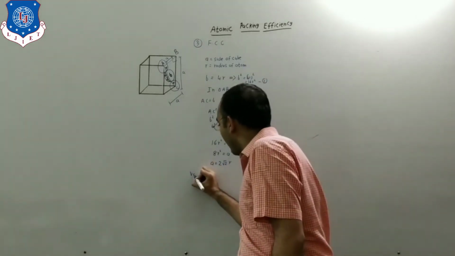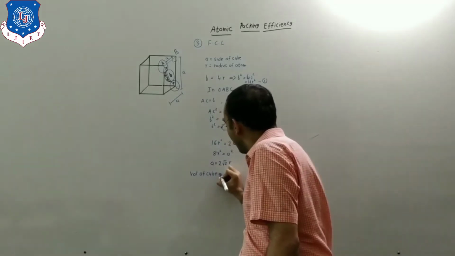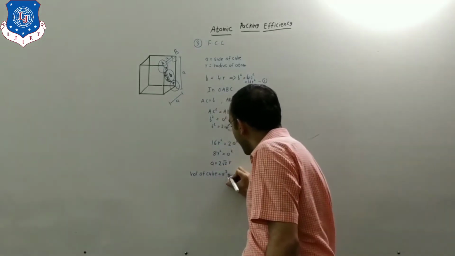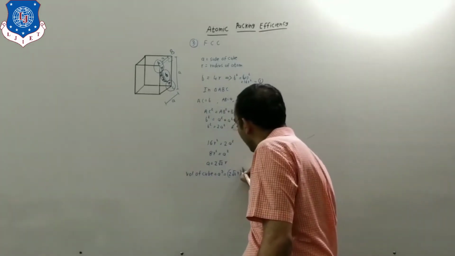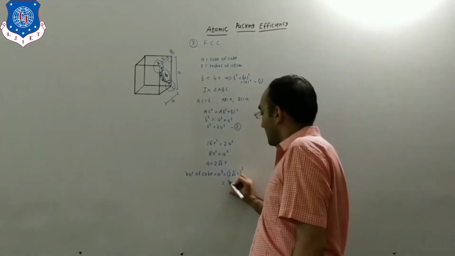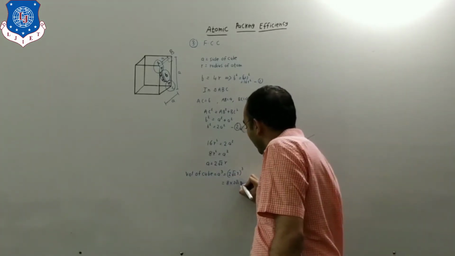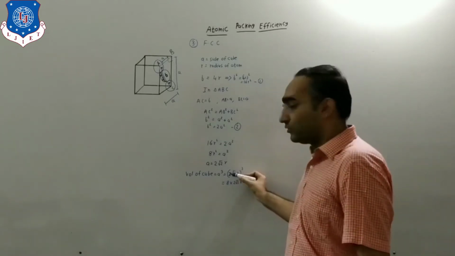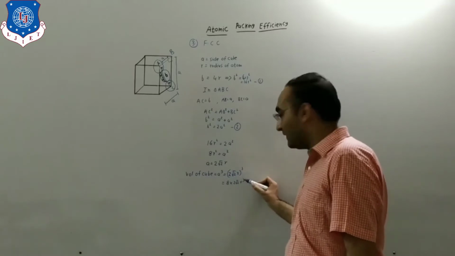Now, the volume of the cube is equal to A cube, equal to 2 root 2 R the whole cube. So the volume of the cube becomes 8 multiplied by... 2 cube is 8, root 2 cube is 2 root 2, and R cube is R cube.